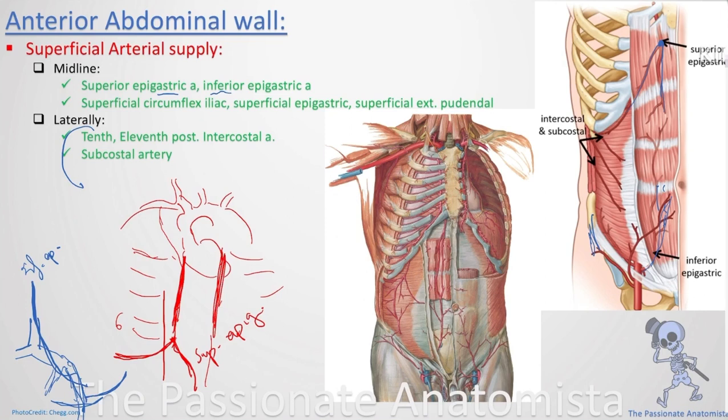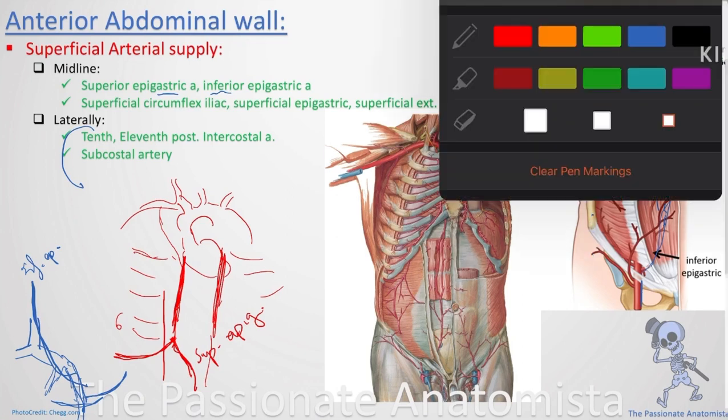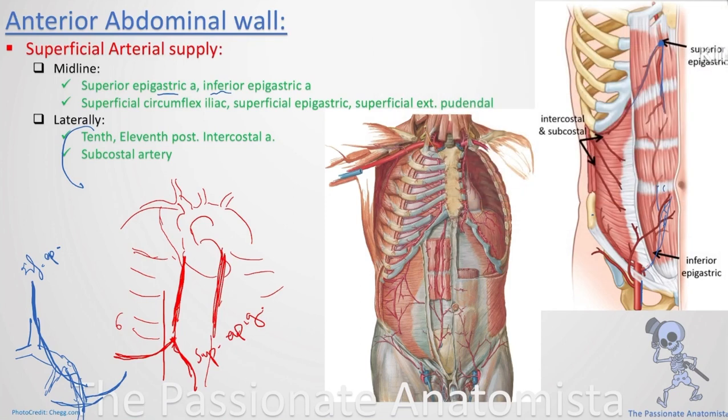Now, we are here superficially, and I just want to tell you a small story about the femoral artery. I'm very sorry, guys, in this one as a branch. Once we are down to the inguinal ligament, this is the femoral artery. What I pointed here is the superficial circumflex iliac. The deep one here is the external iliac.